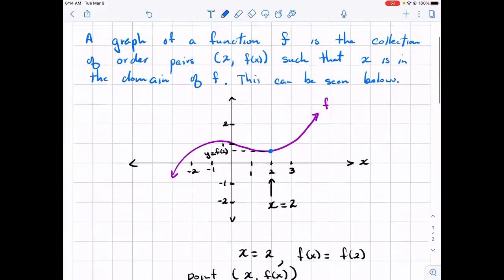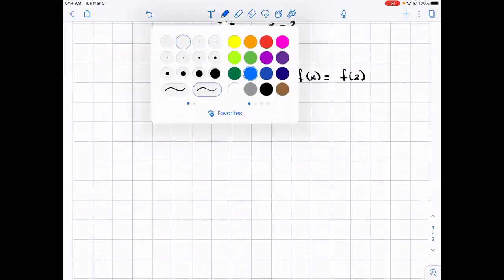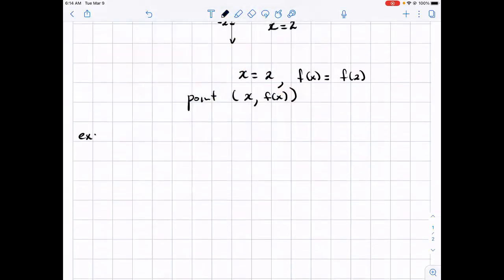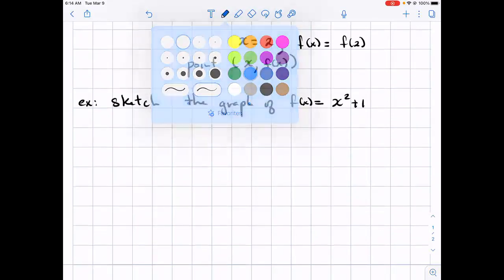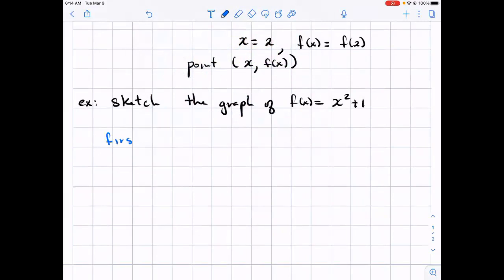So for example, if I ask you to sketch the graph of f of x equals x squared plus 1, the way we do this is first we create a table with random x values.